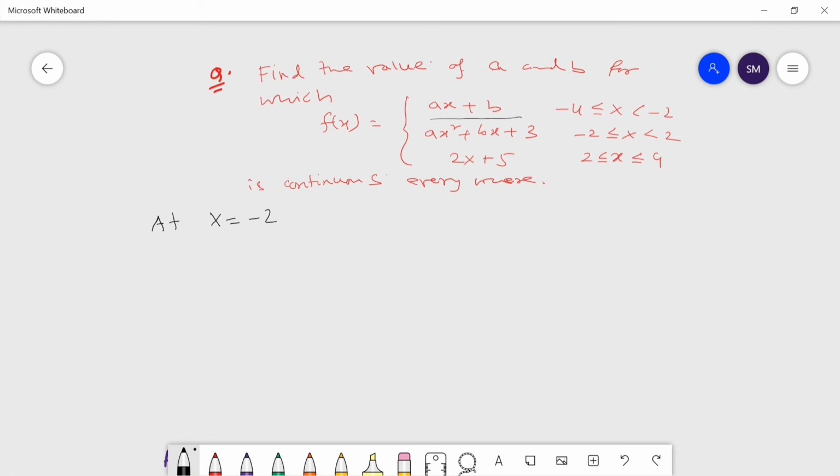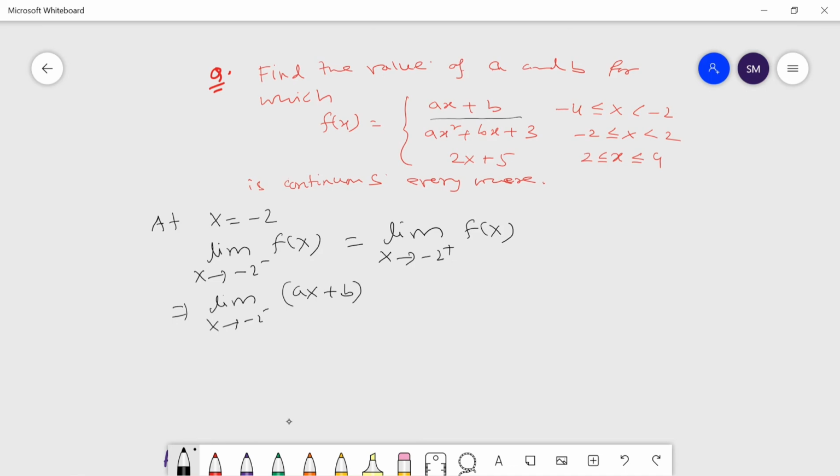Okay, we'll discuss at x equal to minus 2. So at x equal to minus 2 you have limit x tends to minus 2 minus of f of x equal to limit x tends to minus 2 plus of f of x. In this case we will take the left hand side, ax plus b. This is equal to limit x tends to minus 2 plus of f of x, which is ax square plus bx plus 3.